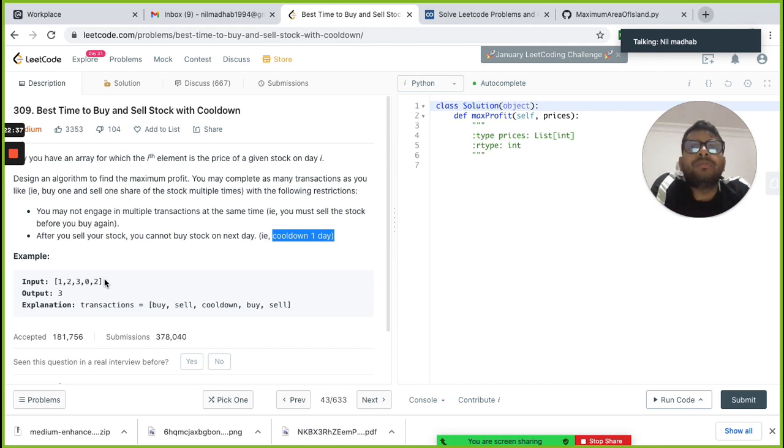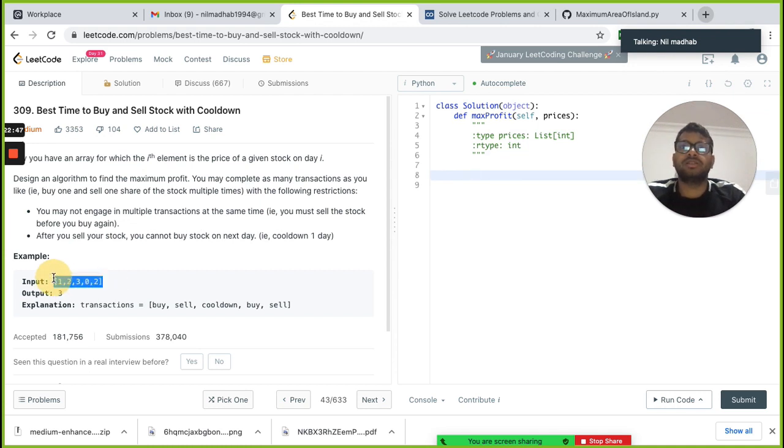I would solve it naively using backtracking. Suppose this is the array. I can try buying on day 1, or not buying on day 1.